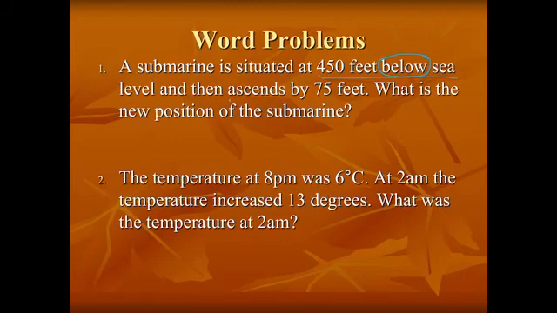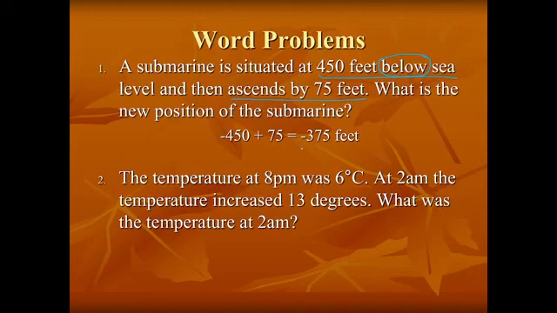What does ascends by 75 feet mean? What does ascends mean? Positive, it goes up. So therefore, negative 450 plus positive 75 will give us negative 375 feet.